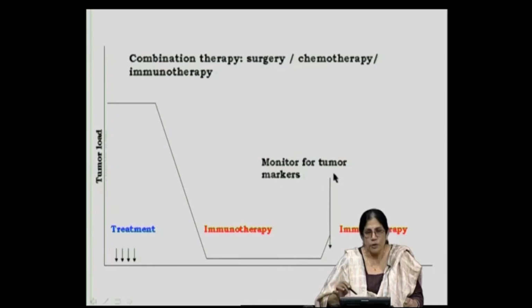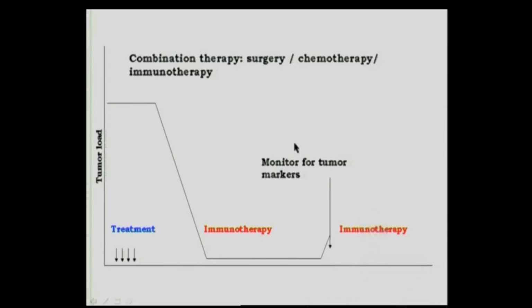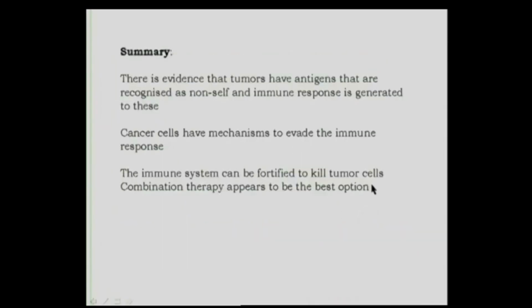Monitor therefore for tumor markers. For example, in case of liver cancer, you can look for alpha fetoprotein. As soon as the lowest detectable concentration of alpha fetoprotein can be seen in circulation, immediately without waiting, another lot of immunotherapy can be given. This way one can effectively curtail cancer.